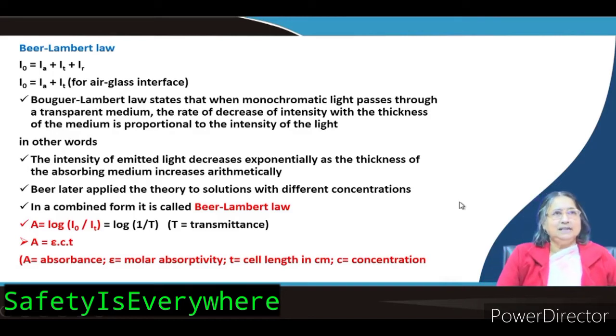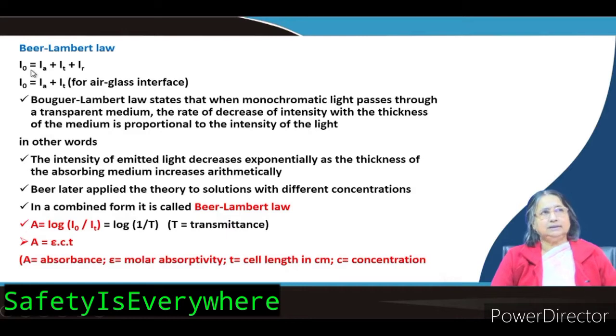Now, the principle of this measurement in a spectrophotometer is governed by the Lambert-Beer law, a combination of Lambert's law and Beer's law. When a light passes through a medium, three things can happen. First, absorption can happen.